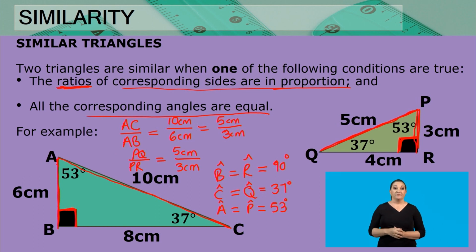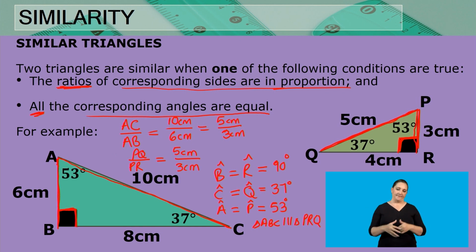Now notice how we said that for these two triangles to be similar, all of the corresponding angles must be equal. And as we have just shown there, all of the corresponding angles in these two triangles are equal. Now, what conclusion does that bring us? Because both of these conditions are met, we can see that triangle ABC is similar to triangle PRQ.